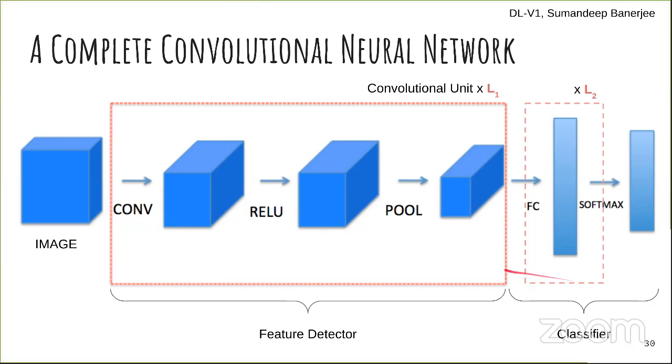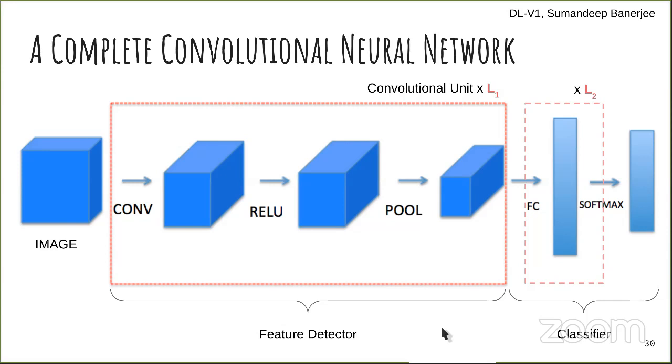Yeah, I think that is so. That is the thing. So you can assume that the set of repeated convolutional units, that whole thing, is actually a feature detector, and the whole fully connected layer is a classifier. And there have been a lot of different combinations.